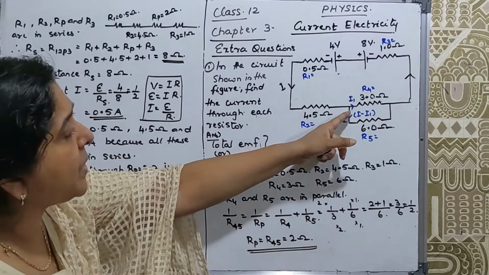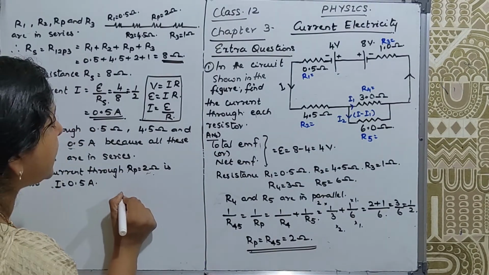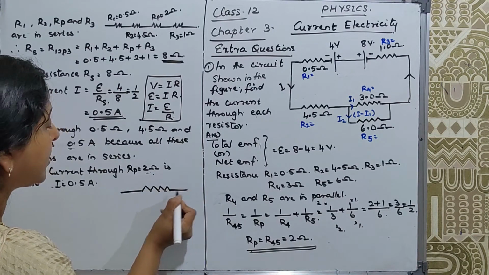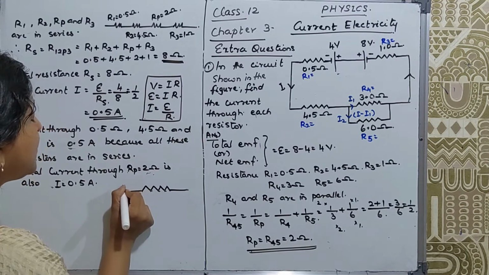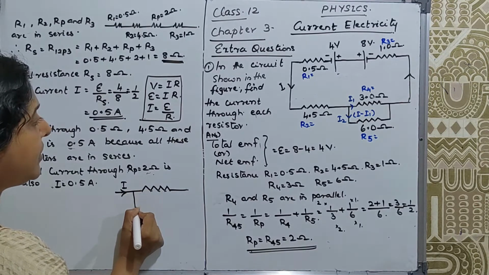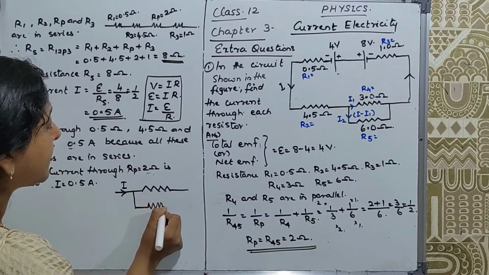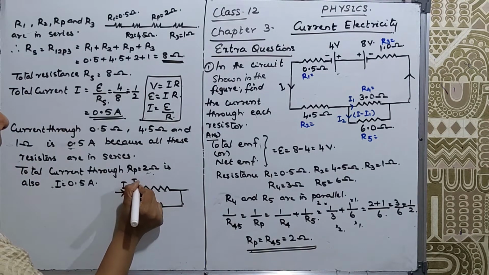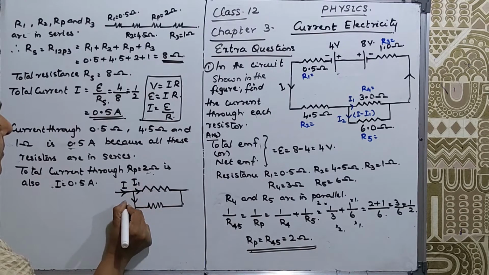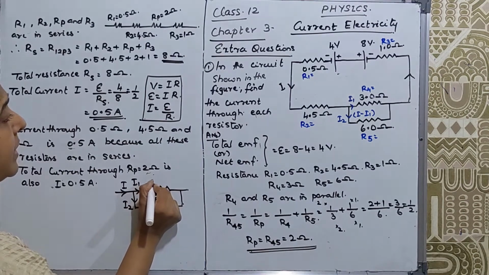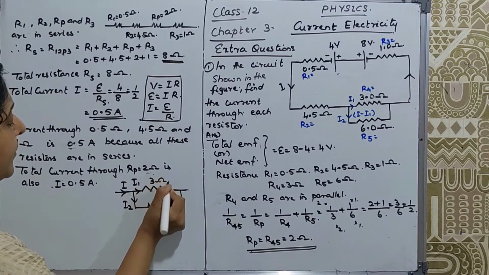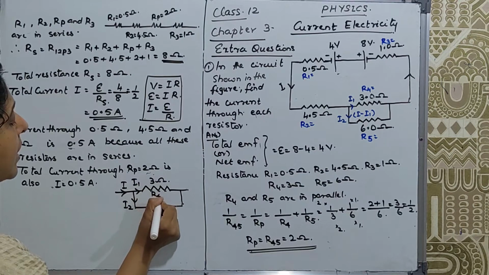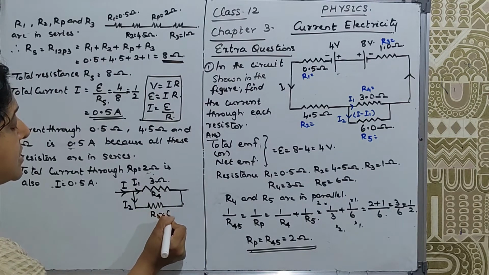Now here in this parallel connection, that current I will get divided. The current I flowing through that parallel connection will get divided into 2 parts. One current we'll name as I1 and the other current as I2. Resistance R4 is 3 ohm and R5 is 6 ohm.